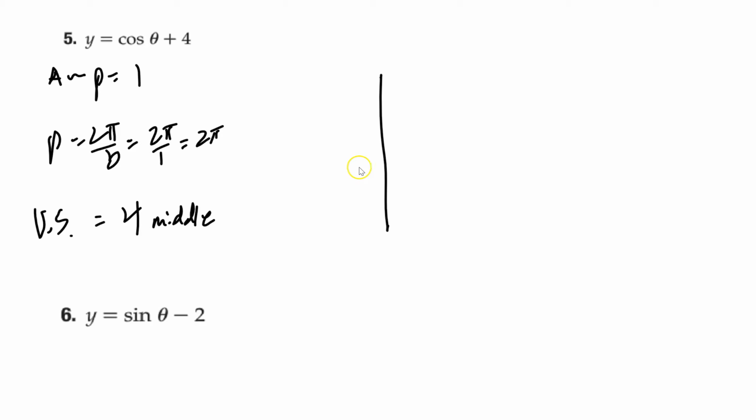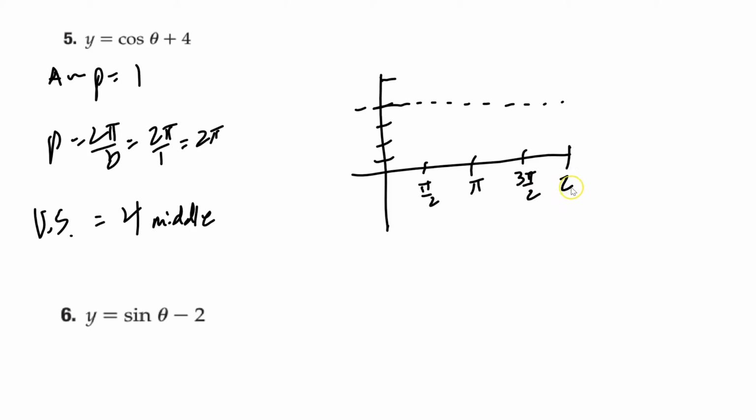Let's draw a line. 1, 2, 3, 4, 5. This is my new middle. My normal periods, I'm going to go pi over 2, pi, 3 pi over 2, 2 pi. Anytime there's no funky period, just do the basics.